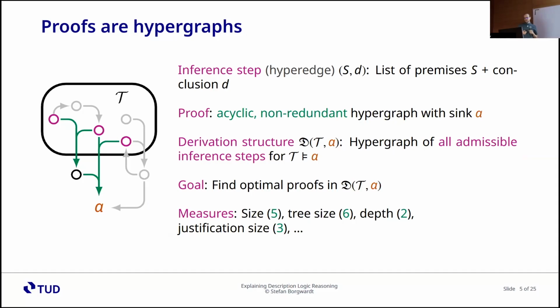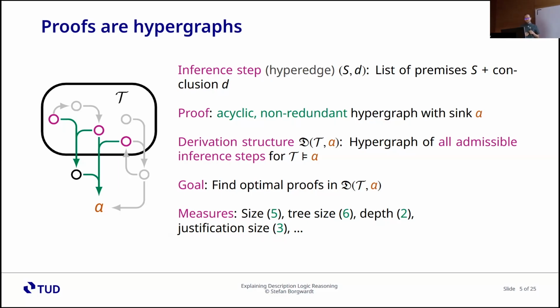In these directed hypergraphs, proofs can be formalized as being acyclic. Of course, you don't want to have cyclic steps in your proof, and non-redundant, meaning that you don't derive the same thing twice. So you just want to have a compact way of explaining what happened. And of course, the sink should be the entailment that you're interested in.